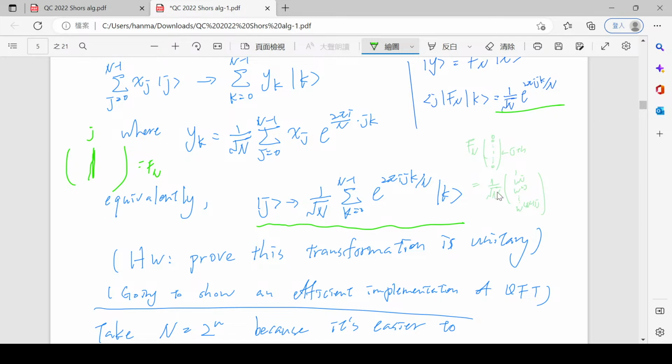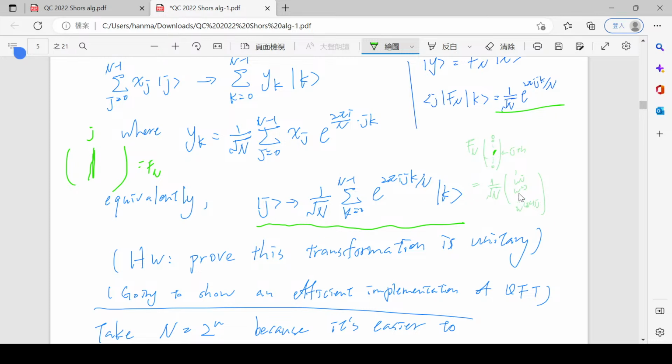And anyway, we write it down, and you look at this formula. If it's just one j here, then the resulting state you get is this. If you write it in matrix and vector form, it means you apply the Fourier transform on this basis state. Okay, so this j is a computational basis state, basically only a 1 on the j-th coordinate.